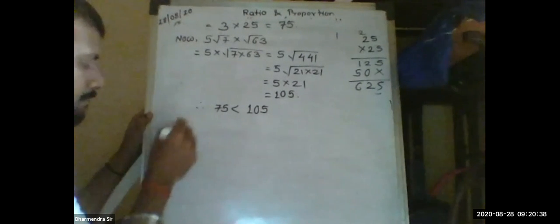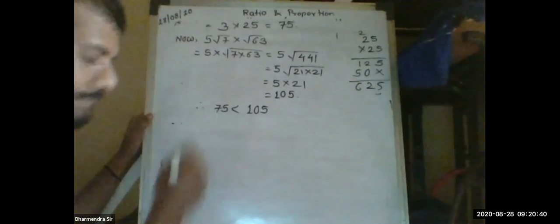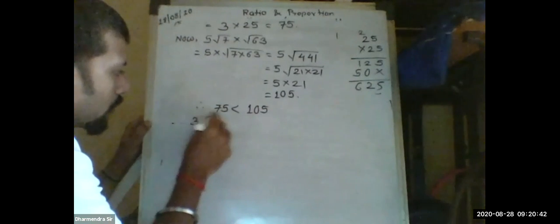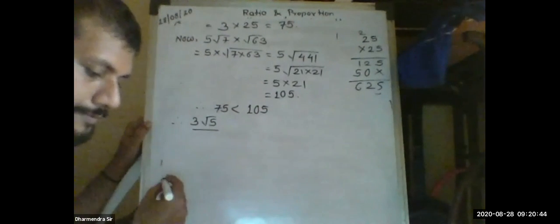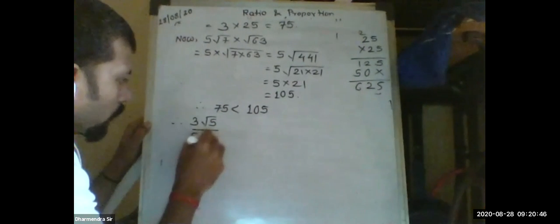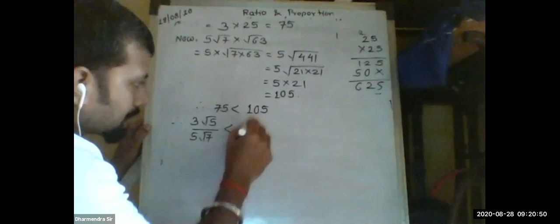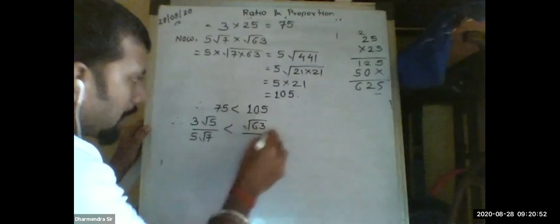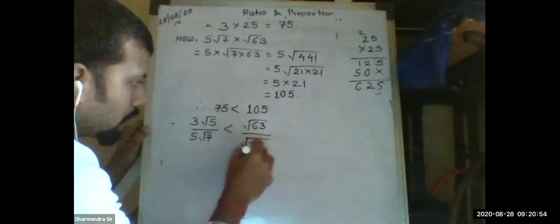Therefore, our conclusion is that 3 root 5 upon 5 root 7 is less than root 63 upon root of 125. This is our solution for the second part of question number 3.